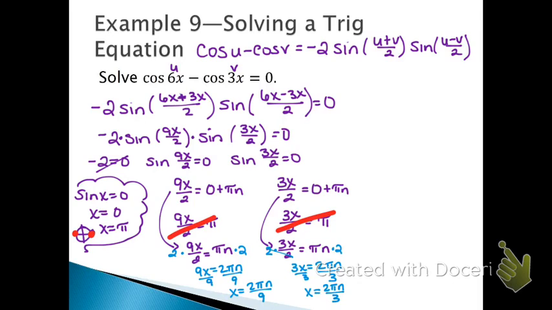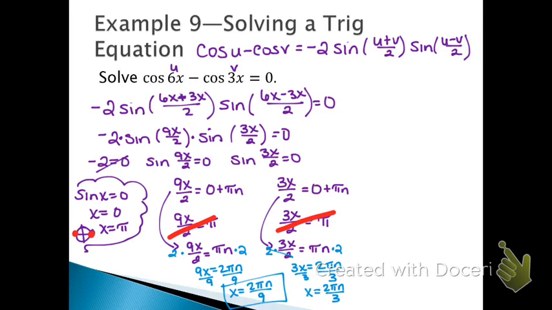Which one of those is smaller? Divided by 9 or divided by 3? Divided by 9. So since 9 is a multiple of 3, that means every third one of this one here, I'm going to land on the other one. Does that make sense?